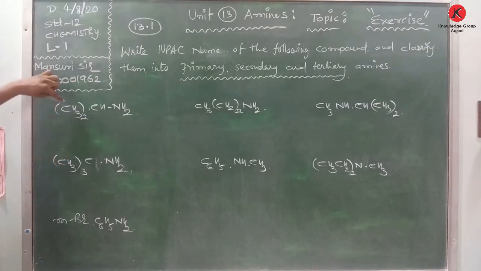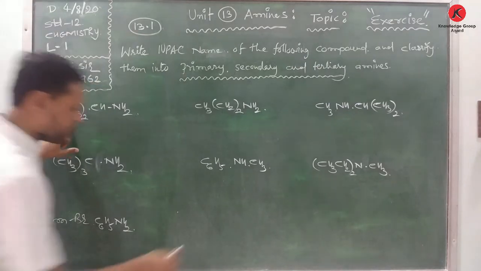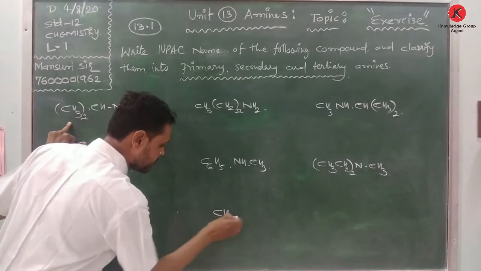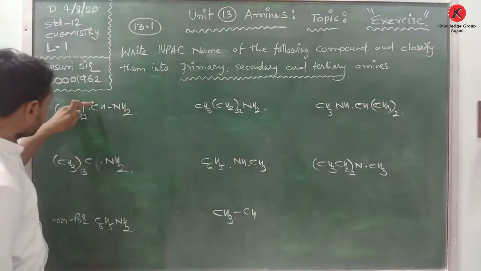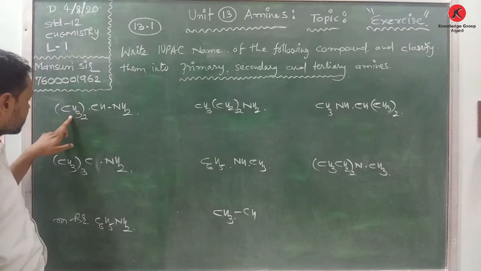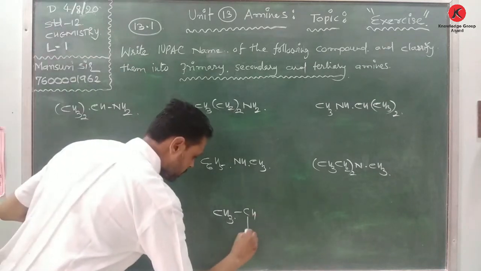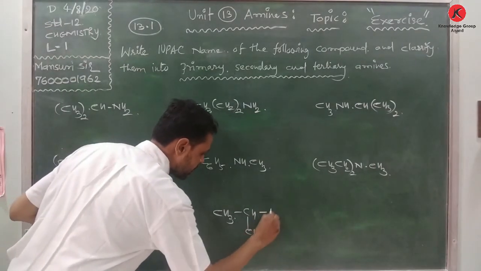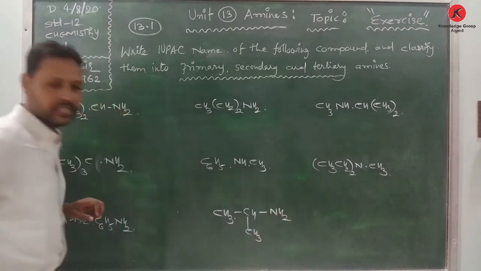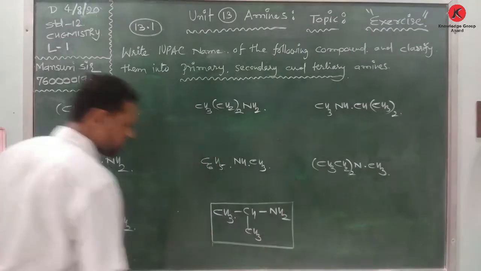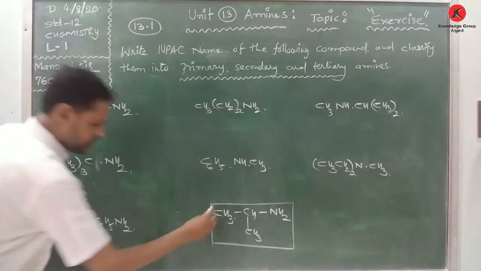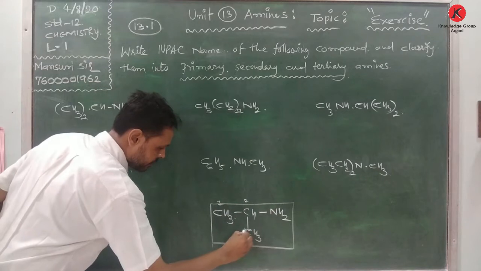Now the first one is (CH3)2CH NH2. It can be written like this: CH3 is given, now CH is like this. In this CH, the other CH3 can be put downside of this CH, and NH2 is as it is. So you can write the structure like this. Here number 1 carbon, number 2 carbon, number 3 carbon.